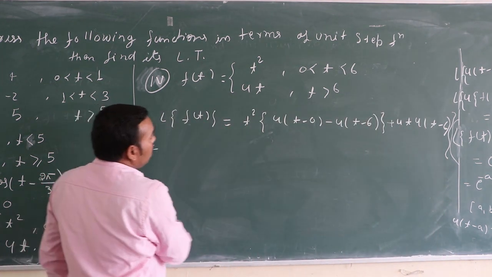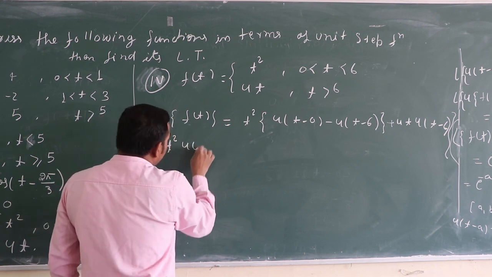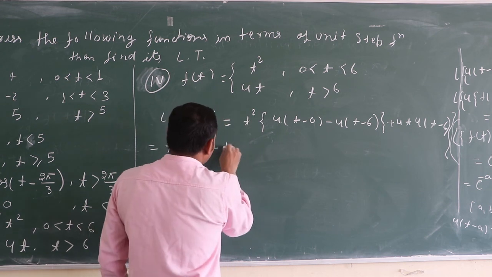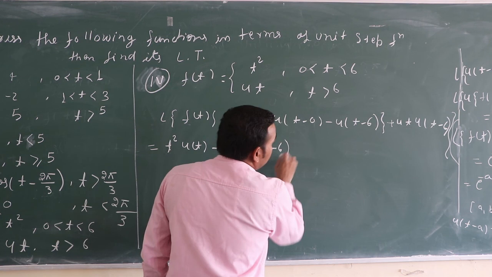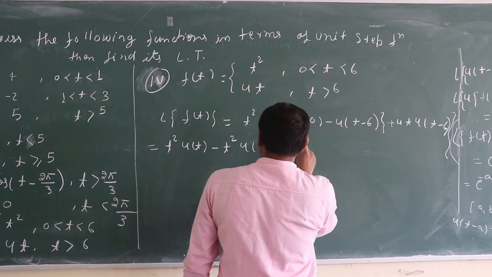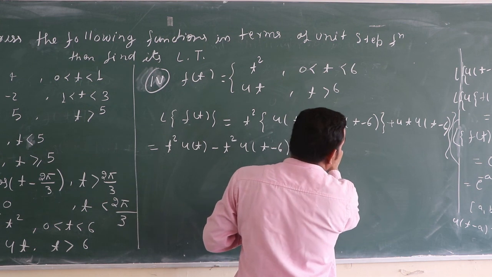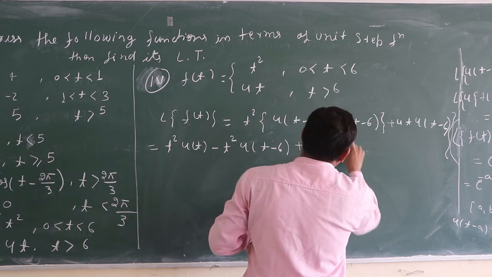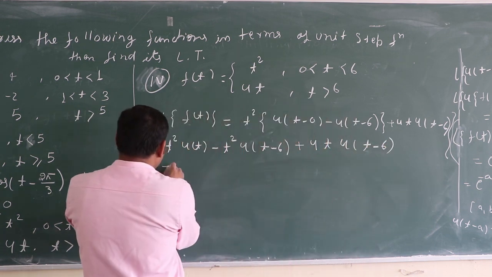So t square u(t) minus t square u(t minus 6) plus 4t u(t minus 6).